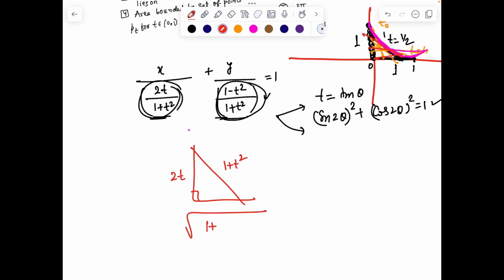So this calculation will be 1 plus t square whole square minus 4t square. This is a minus b whole square, so 1 minus t square, which is 1 minus t square because right now we are in the realm of t equals 0 to 1, given in the problem. So this is a Pythagoras triplet.